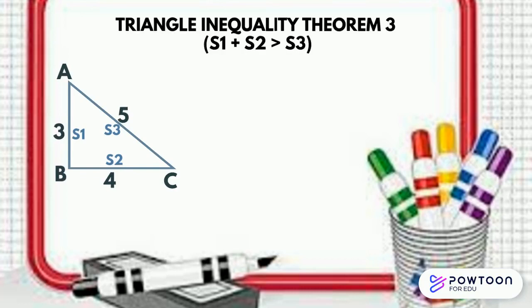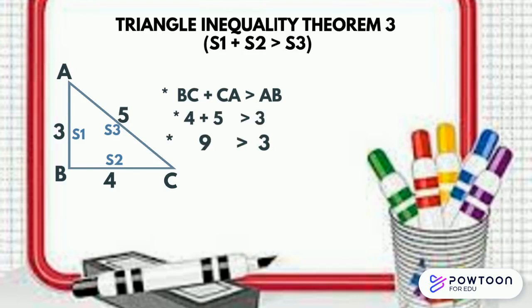Applying the concepts, we can say that BC plus CA is greater than AB. Substituting the values, we have 4 plus 5 is greater than 3. Summing it up, we can say that 9 is greater than 3, which is correct. Another, we also have AB plus BC is greater than CA.